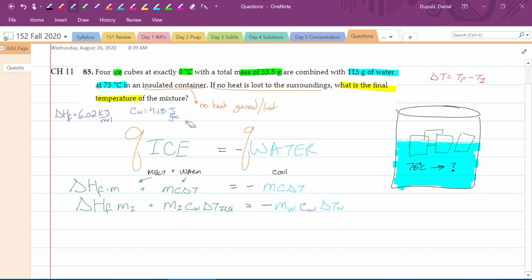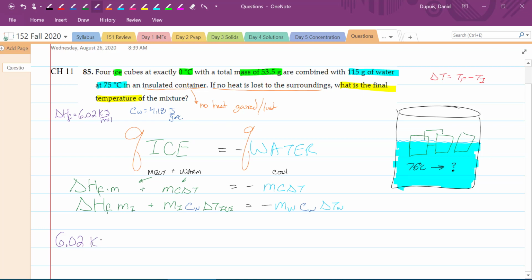Okay, so now we got some constants. I have delta H_f, which is 6.02 kilojoules per mole. We have grams, and everything else is going to be in joules, so I'm just going to put it down.